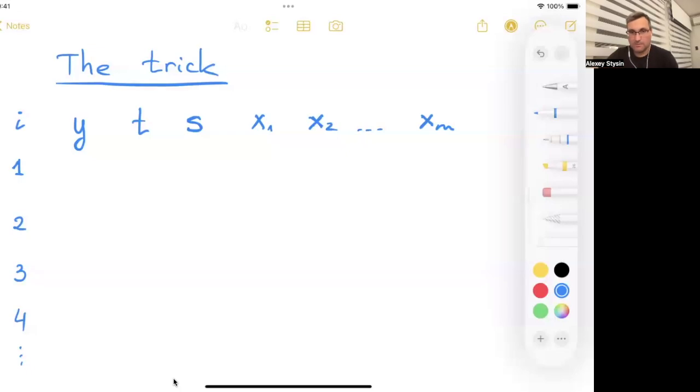So we need to take a closer look at the data set that we have for our training. The column with the name I is just the number of the example. Then Y is the binary label. So this maybe is an impression, and it didn't happen to be a click.